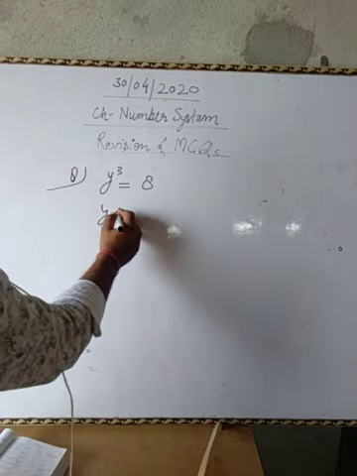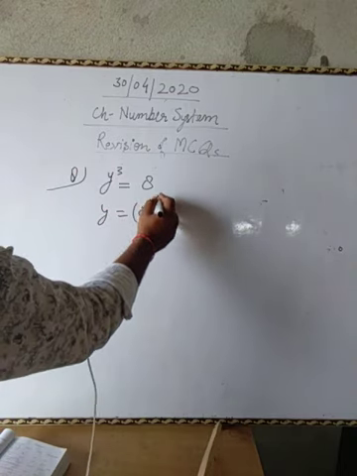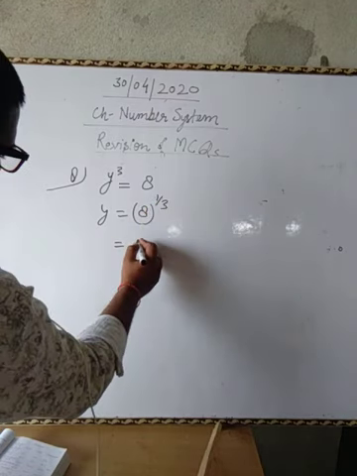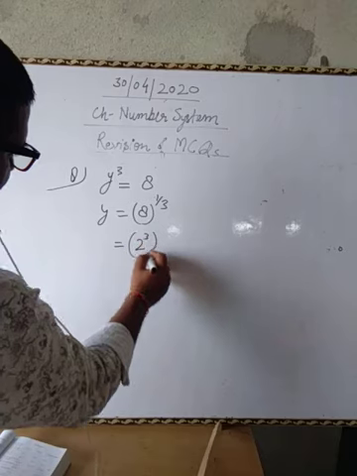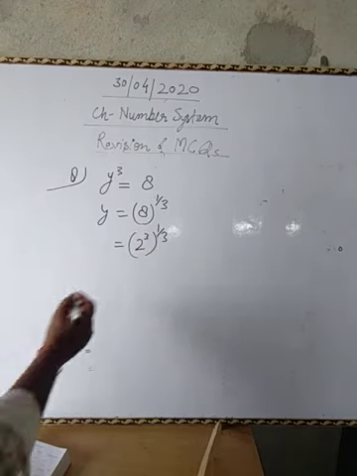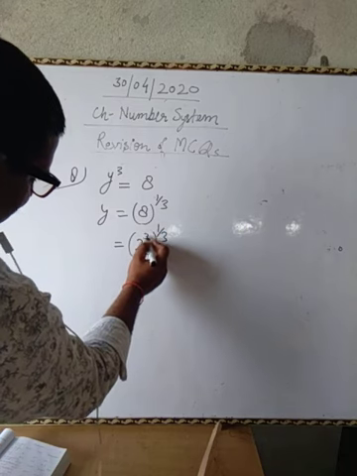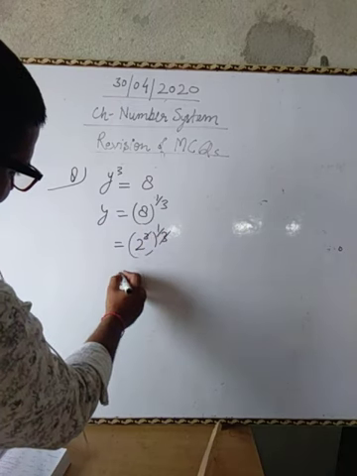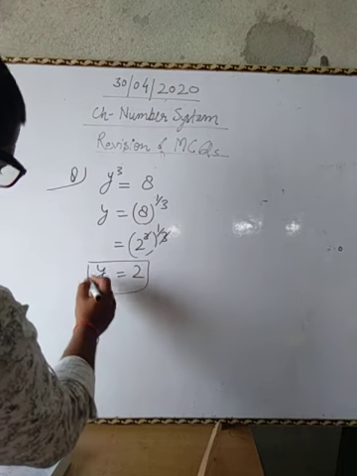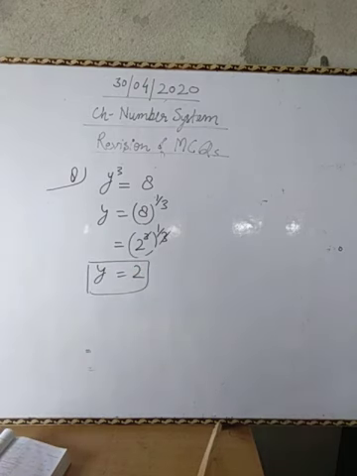So y equals to 8 to the power 1 upon 3, and this 8 is the cube of 2. Now using the indices rule, the exponent rule, we will multiply these two, and by multiplying, this 3 and 3 cancel, remaining is 2. So the value of y is 2. Is it?